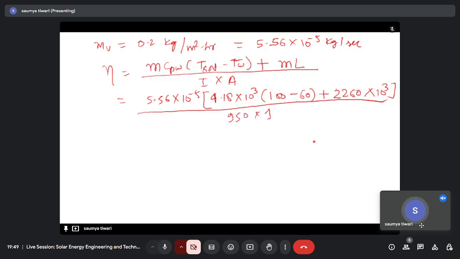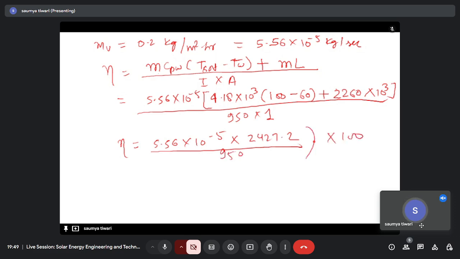If you solve this, it will be 5.56 into 10 to the power minus 5 into 2427.2 upon 950. You are talking about percentage, so multiplied by 100, the efficiency will be 14.21%.